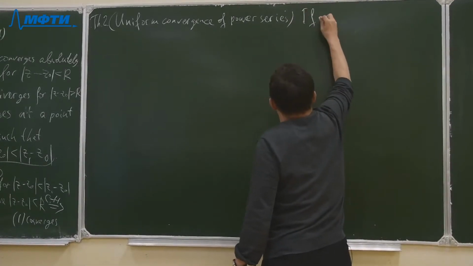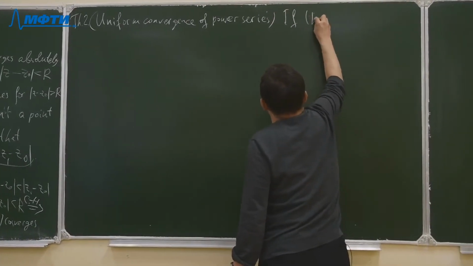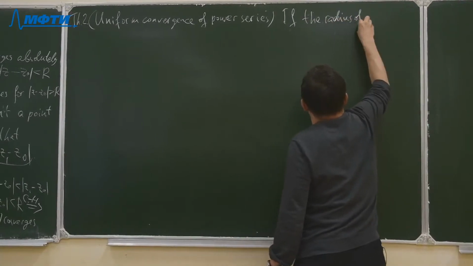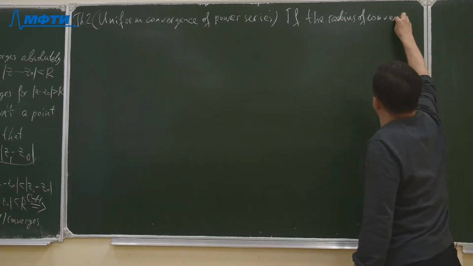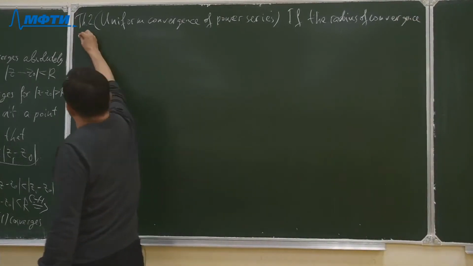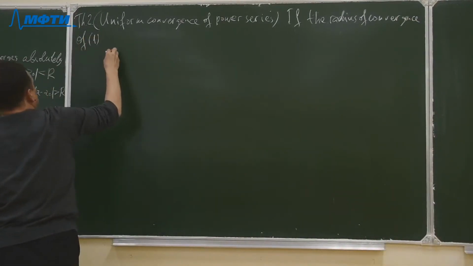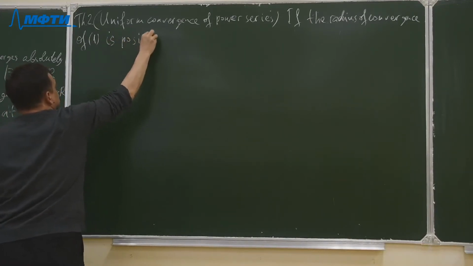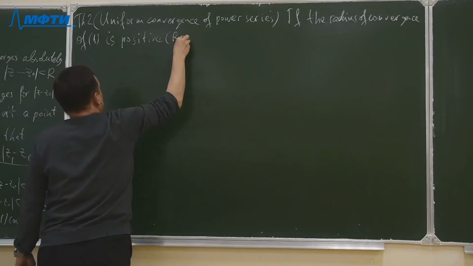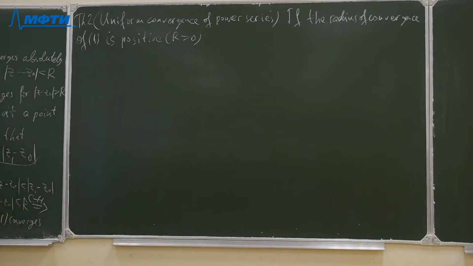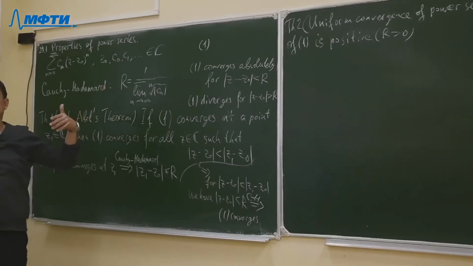If the radius of convergence of (1) is positive, R greater than 0. We know that capital R is always greater or equal than 0.